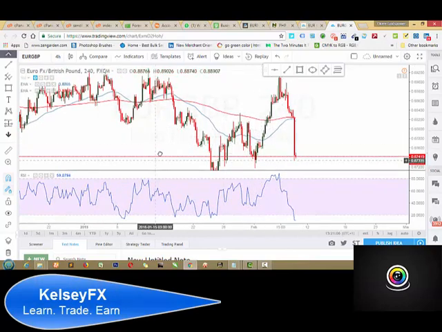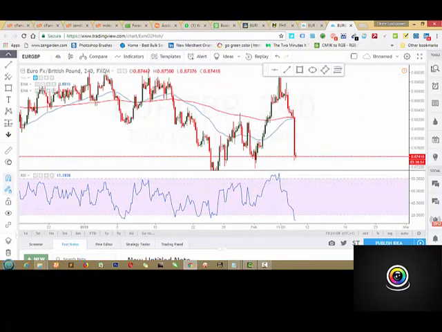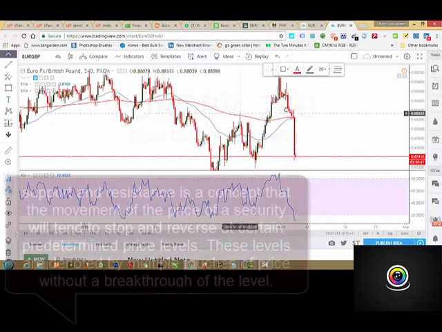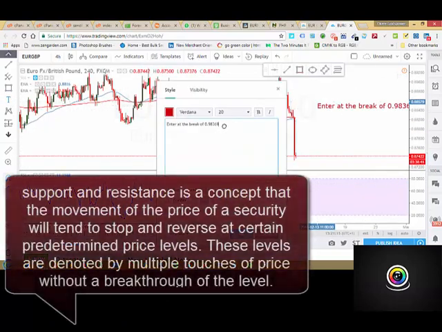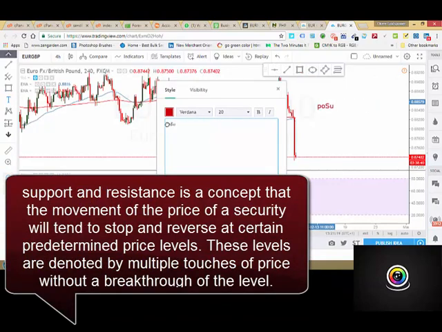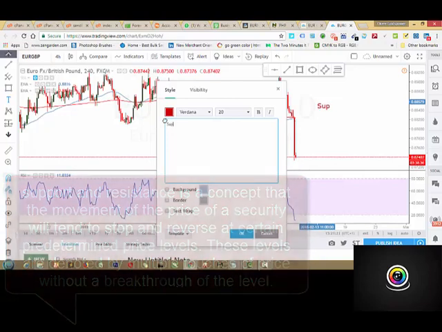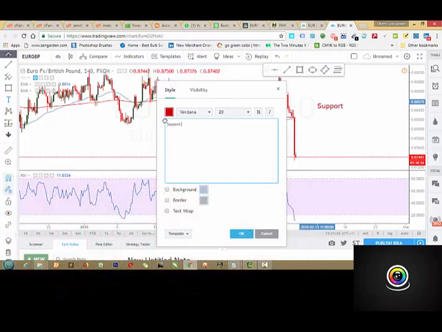Before we proceed, I should tell you what support and resistance is in the market. See support as an area where market turns, an area where price reverses.